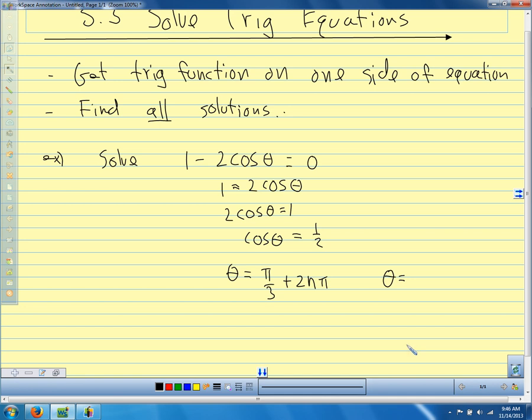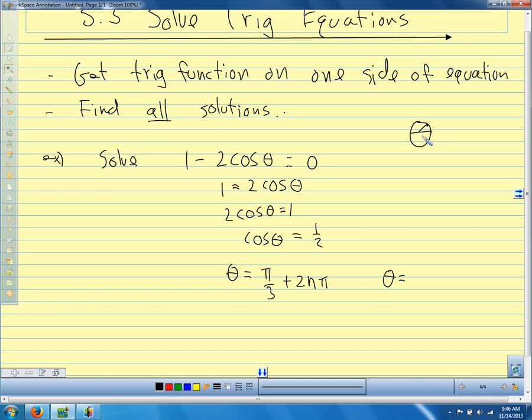Where else is the cosine 1/2? Let's draw our circle. Here we are at pi over 3. Cosine, the x-coordinate, is positive 1/2. So what other angle gives us a positive 1/2 for our cosine? It's not 2 pi over 3, that would give us a negative 1/2, right?